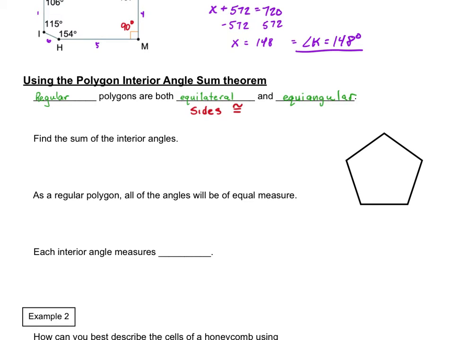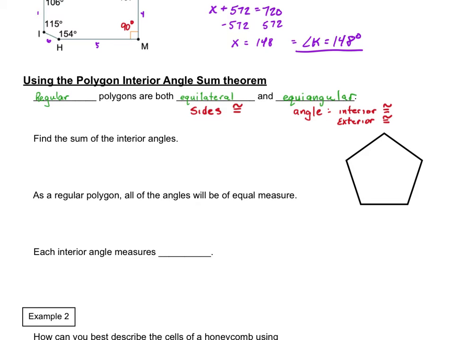And equal angular means that my interior angles are congruent, and then therefore my exterior angles will be congruent. So that's my equal angular.